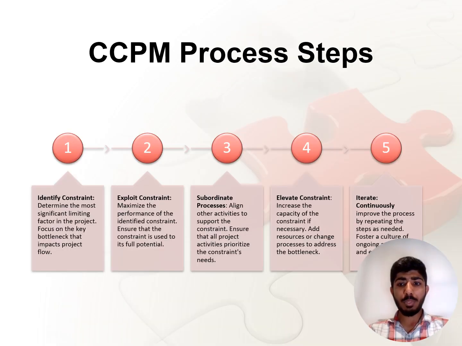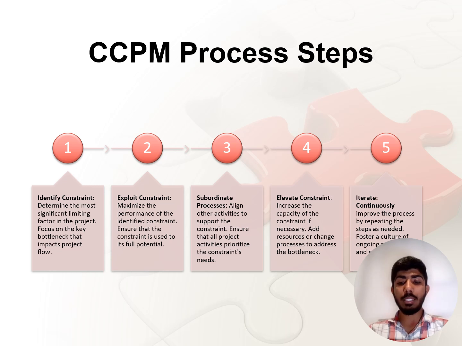The CCPM process involves several steps. First, identify the constraint to find the most significant limiting factor. Then, exploit the constraint to maximize its performance. After that, subordinate processes, aligning other activities to support the constraint if needed.